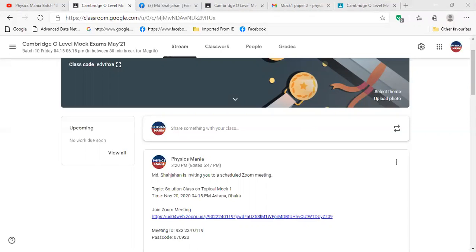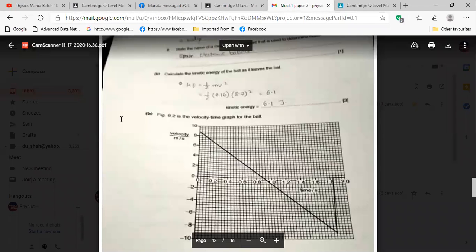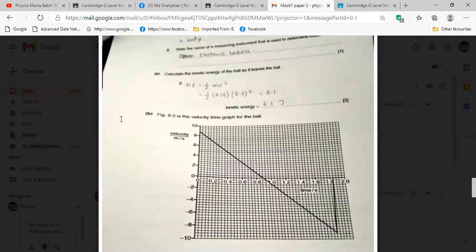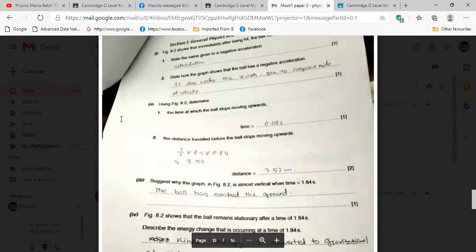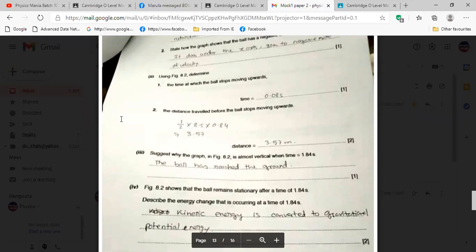The formula for this you are getting credit one, but for the answer line you are losing a mark. So in part two you got minus one, right? Then for the time at which the ball stops moving upwards, you are getting minus one. Then previously you gave minus one. That is done, right?